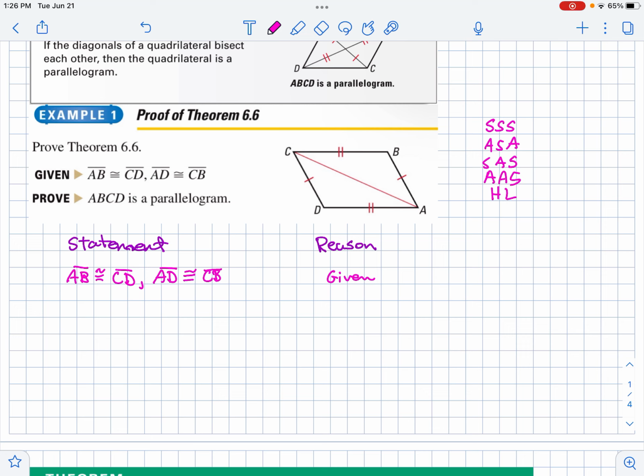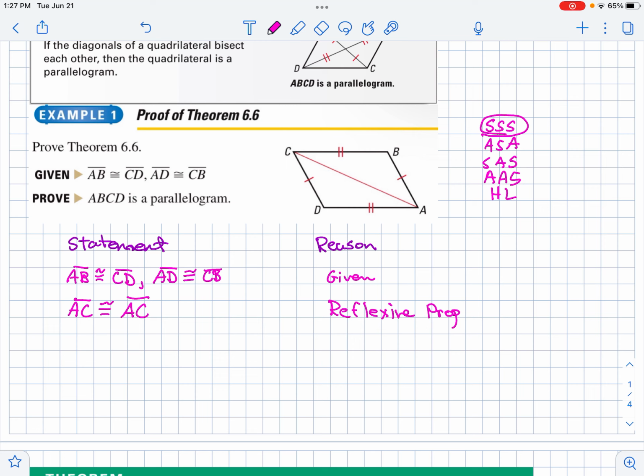Now, if you look at these two triangles up here, it seems like the path forward would be side, side, side, because look what I can do. I can say AC is congruent to AC, by the reflexive property. Well, now that we have that, we have congruence.